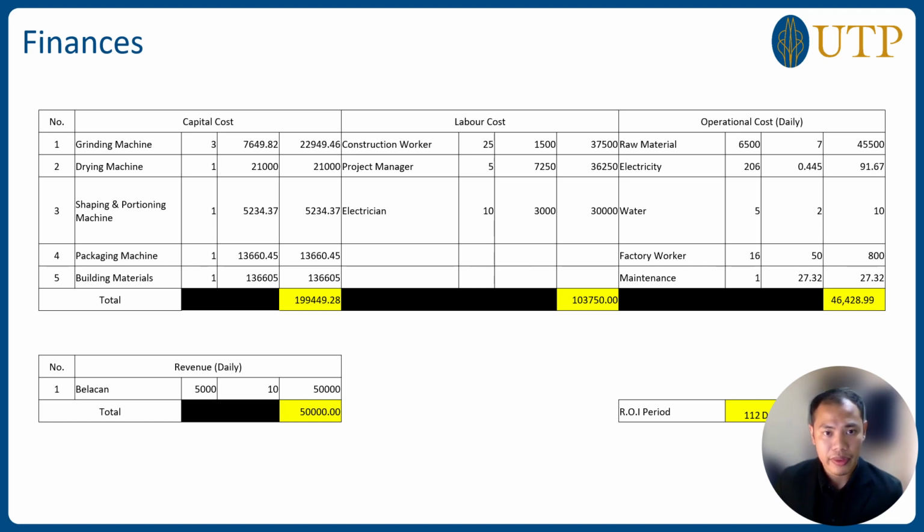And from these calculations, we also considered 24% profit tax from the government. And from there, we found that the return of investment period for this project is 112 days.